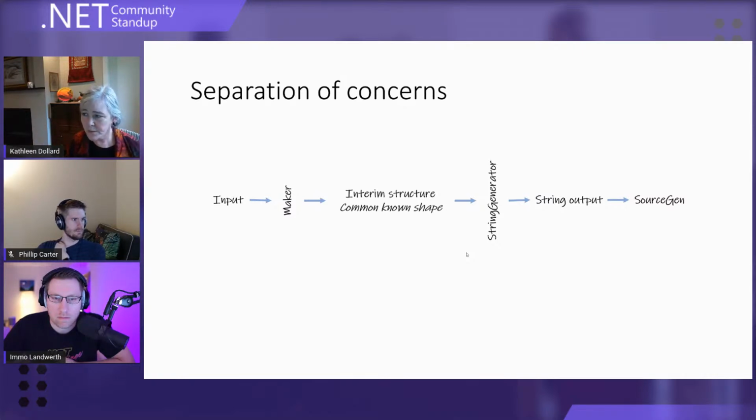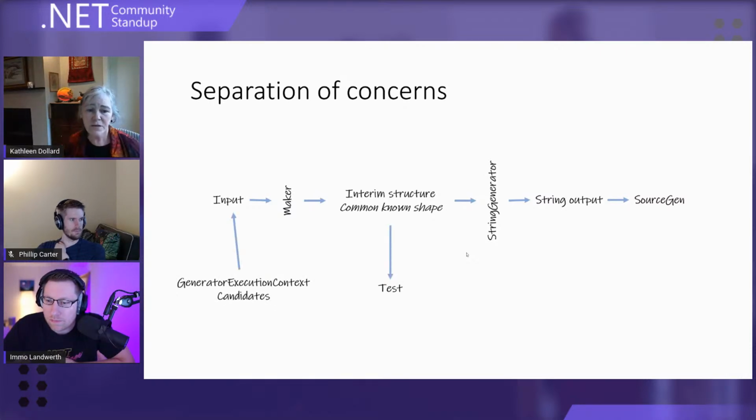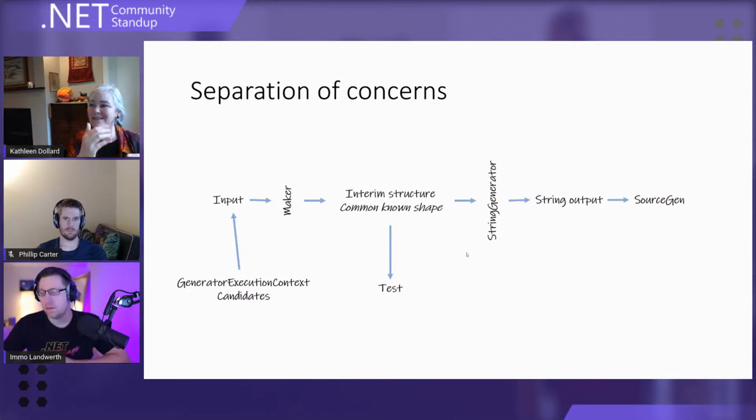So the string output, I want to test in two ways. First we'll look at the whole test pattern. I need to give it the same thing the source generator is going to get, so I need to start with something. I think I'm actually starting with a syntax tree instead of the full generation execution context. But what I care about from the generation execution context, which is passed to the execute method of the source generator, is the syntax tree and the semantic model.